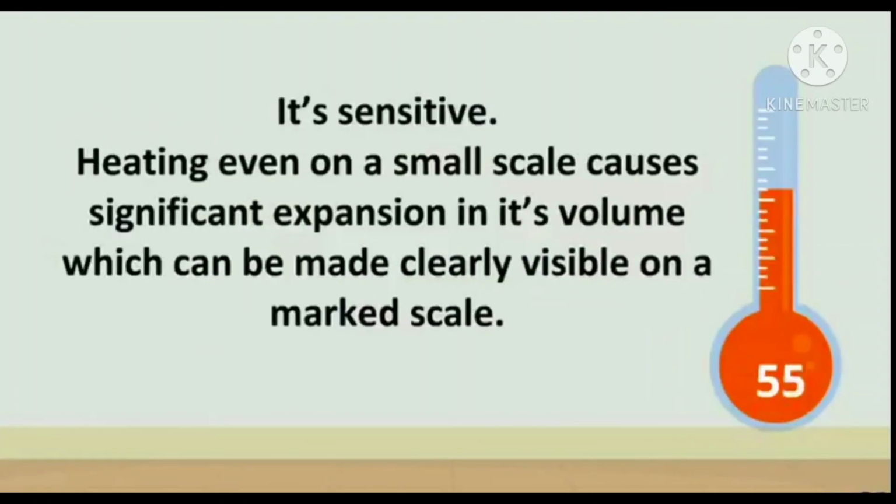It is sensitive. That means with a slight change in the temperature, it immediately shows the changes on the measuring scale. Heating, even on a small scale, causes significant expansion in its volume, which can be made clearly visible on the marked scale, and hence it becomes easy to measure any slightest change in the temperature.